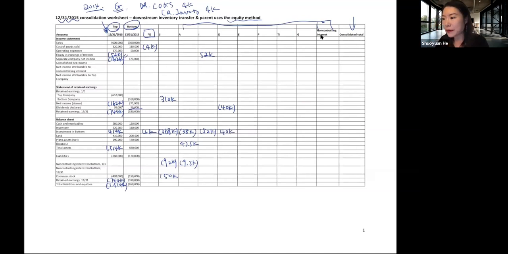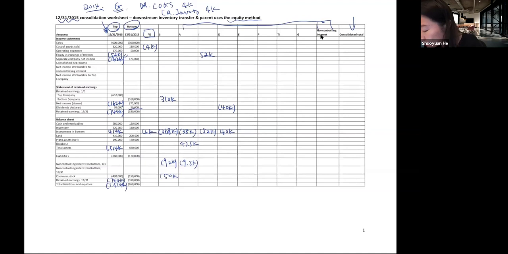Consolidation entry E, the purpose is to recognize the current year amortization. So each year amortization is 2.5 thousand, and database, it is an intangible. So it is recorded as amortization expense. And amortization expense is part of the operating expense. So here we just put it into the operating expense.